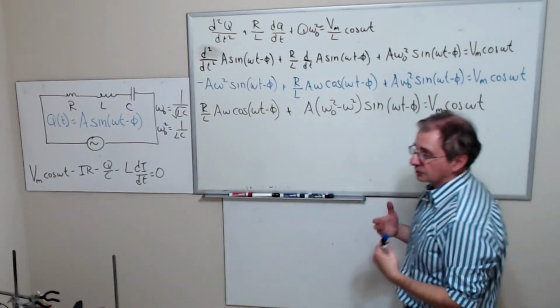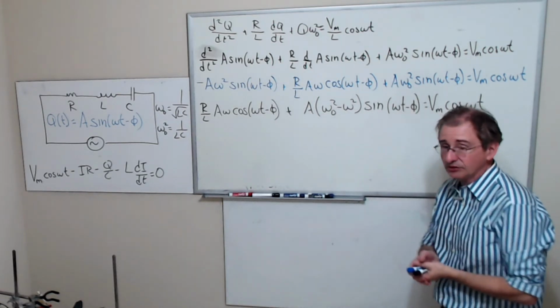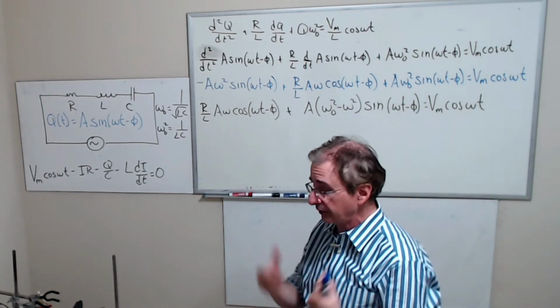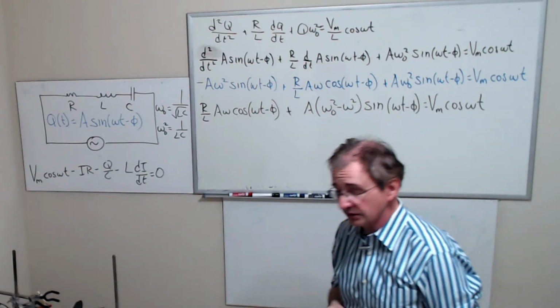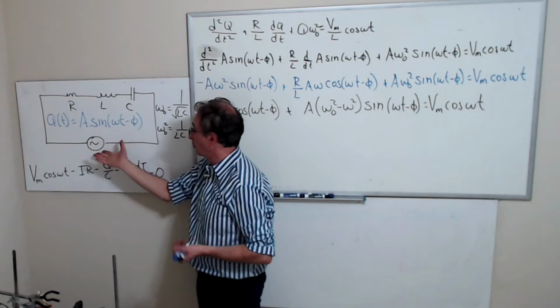Well, my goal is to figure out what A is and what phi is. I need to determine an expression for A and phi in terms of the given quantities, which would be these values and whatever omega is.